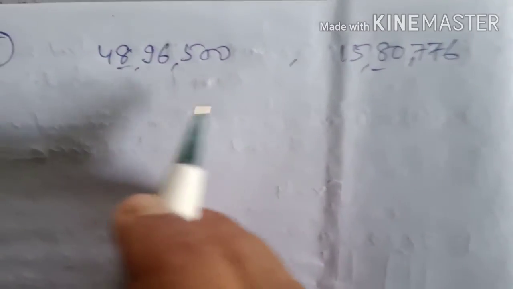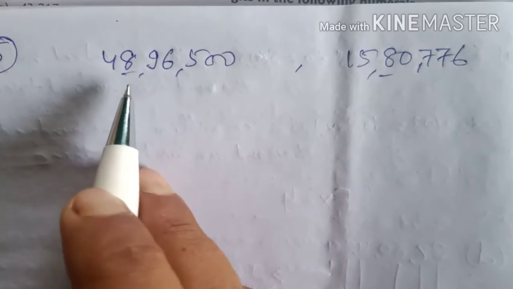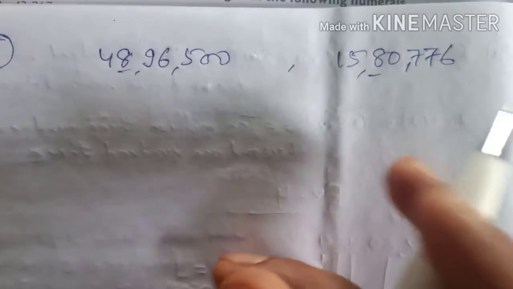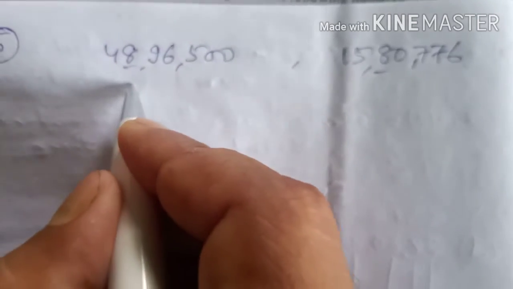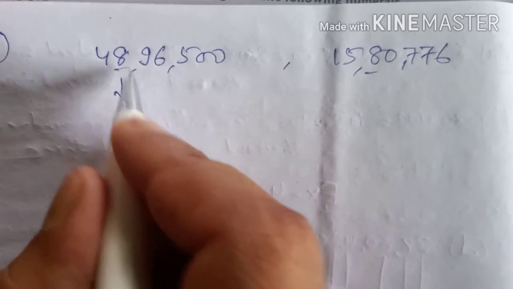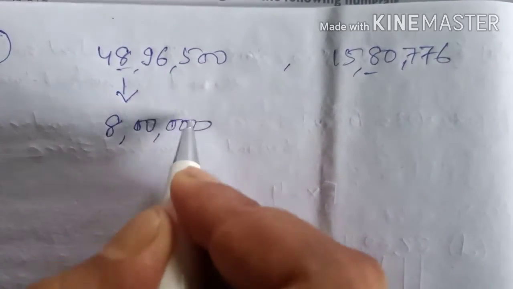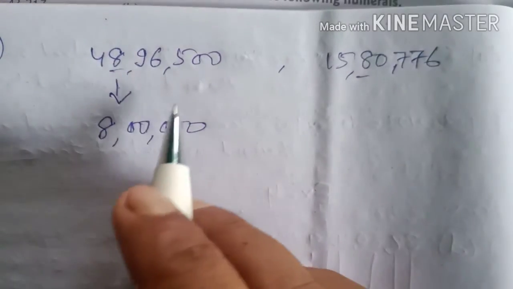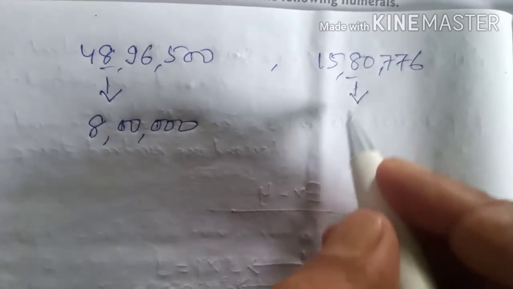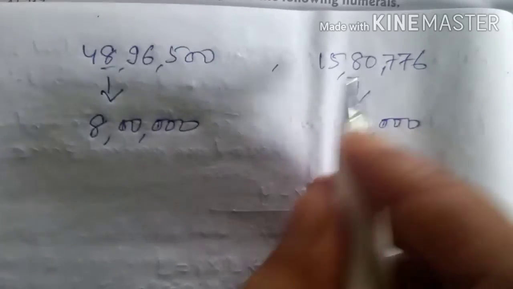See student, you are given 2 numerals in question number 5, and for the digit 8 you have to find the difference of the place values. In this numeral, 8 is at the lakh place, so its place value will be 8 lakh after multiplying 8 by 1 lakh, and in this numeral 8's place value will be 80,000 because 8 is at the 10,000 place.